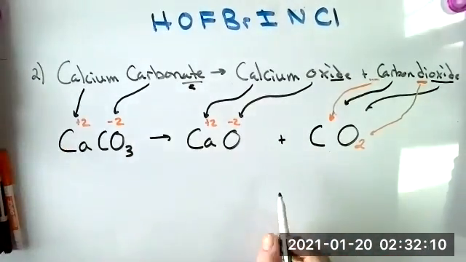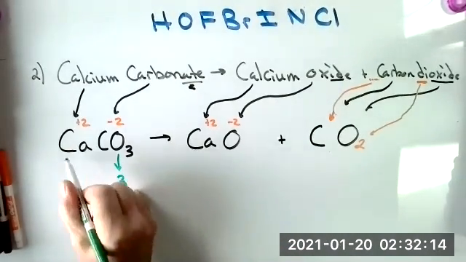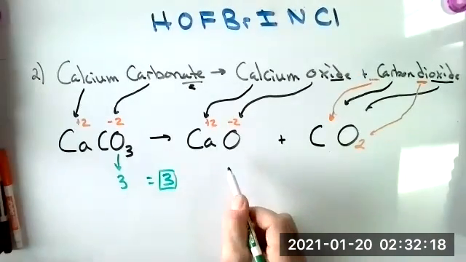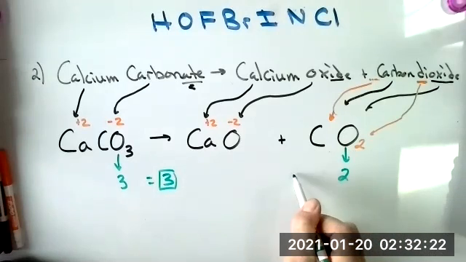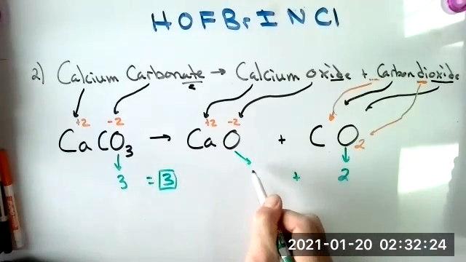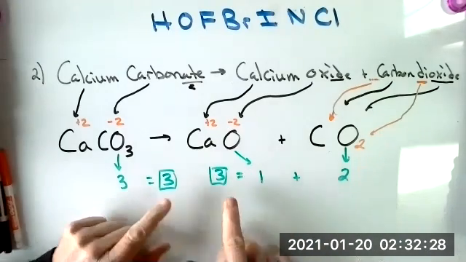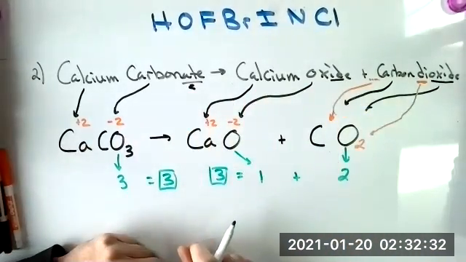And now these oxygens, look at this. Looks like only 3 on the left. Let's now check out the right. Looks like I've got 2 here, plus only 1 here, and that, my friends, equals 3, and look at that. Balanced. Done.